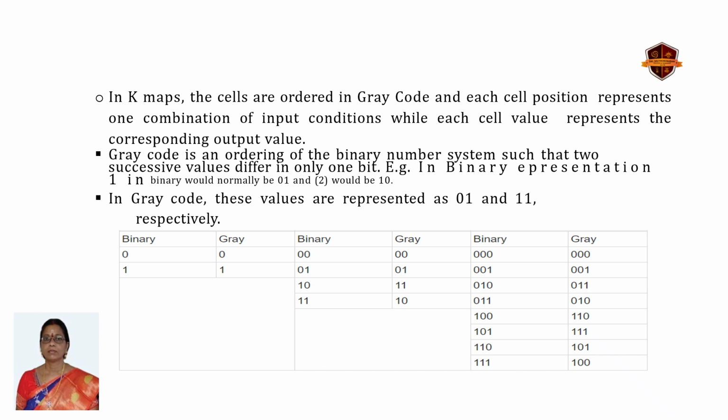Similarly, if you see the gray code in the column given as 0, 0, 0, 1, 1, 1, 1, 0, in the successive codes only one bit position will change, and the other bit remains the same. In 3-bit binary and 3-bit gray code it is also the same thing. So in K-map, the cells are ordered in gray code in such a way that in the successive cells only one bit is changed and the other bit remains the same.